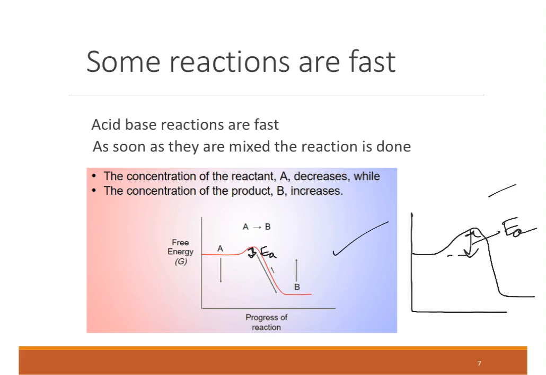Which one is the faster reaction? Well, that would be the one with a lower activation energy. So make sure you can not only interpret these graphs, make sure you can sketch them. If I tell you it's fast and spontaneous, you should be able to draw it. If I tell you it's fast and non-spontaneous, you should draw it and be able to label each part of the graph.